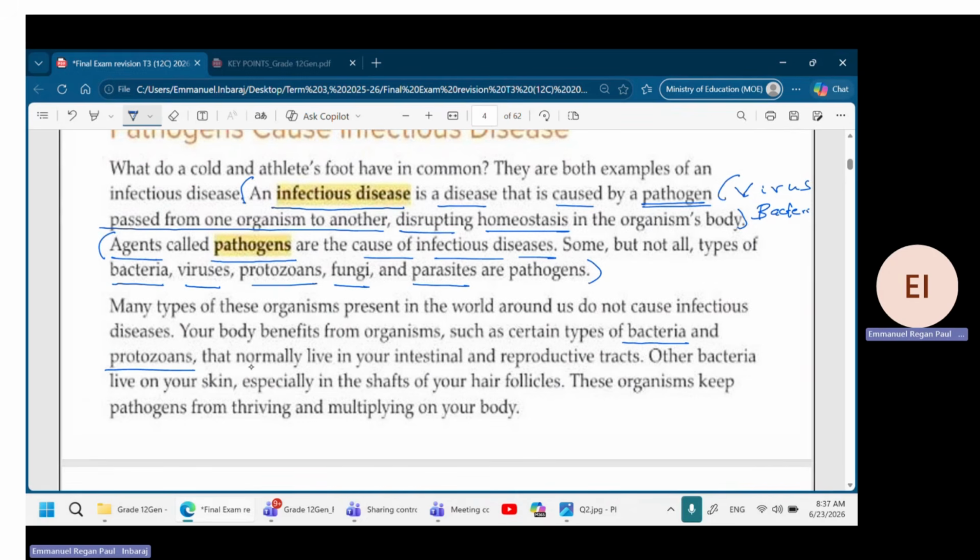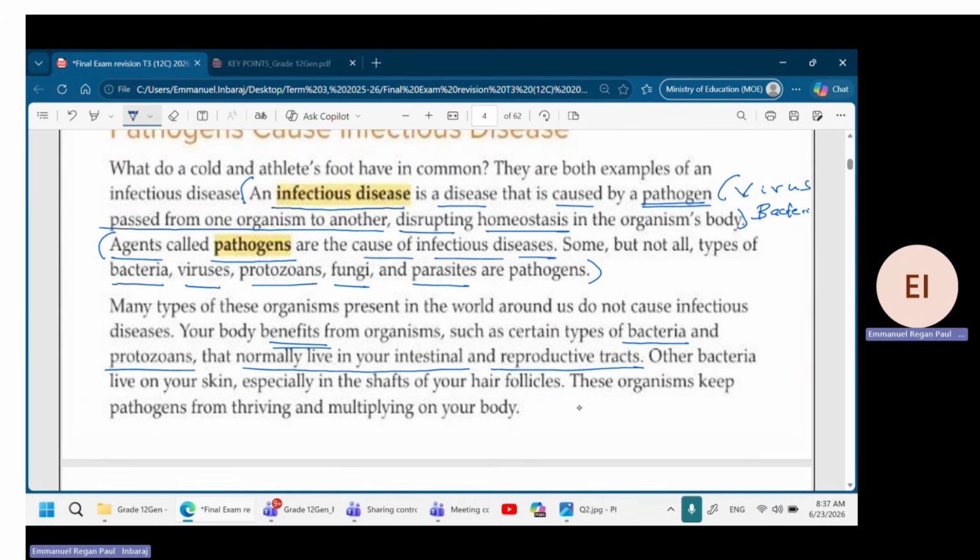They normally live in your intestinal and reproductive tracts. That means tubes. They are beneficial and useful for you.